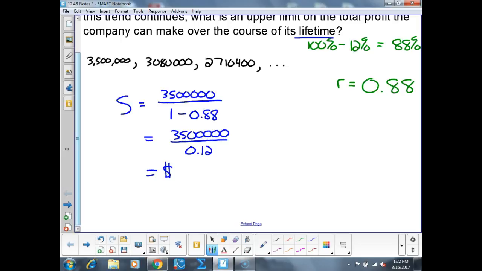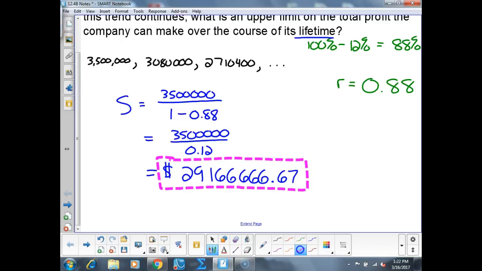How much money is our company making? Okay. So our company's making $29,166,666.67.